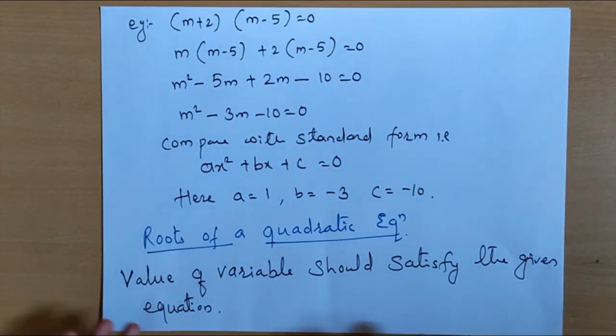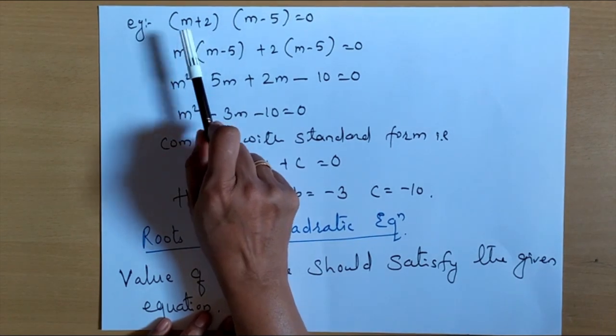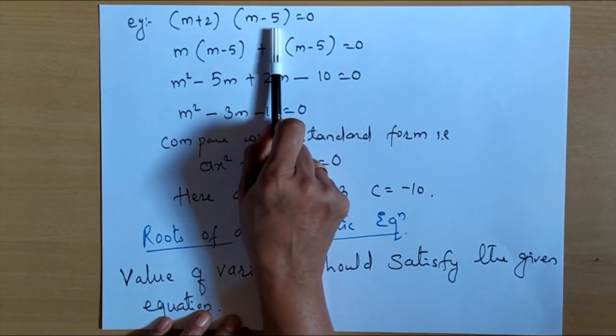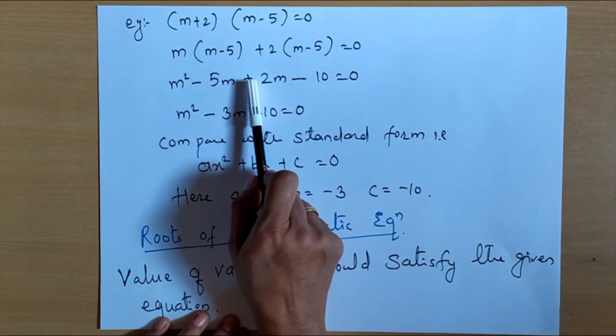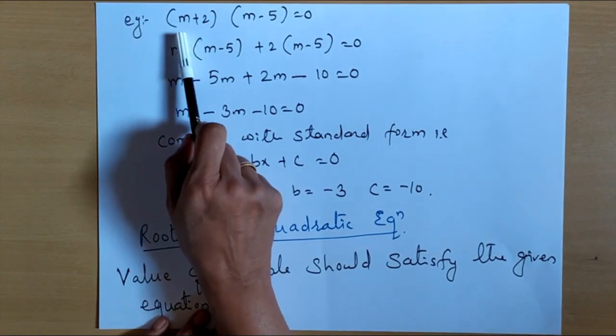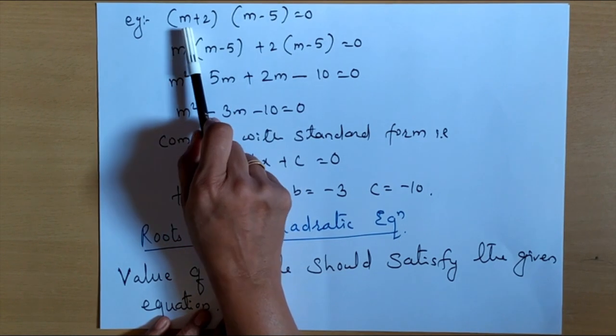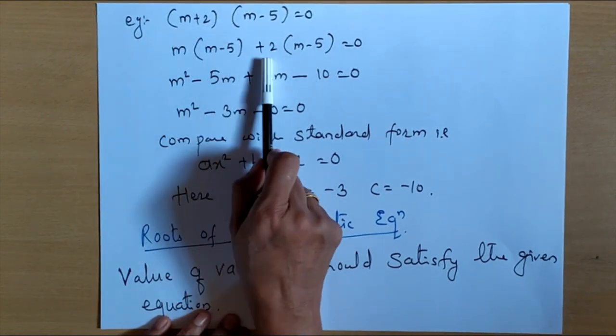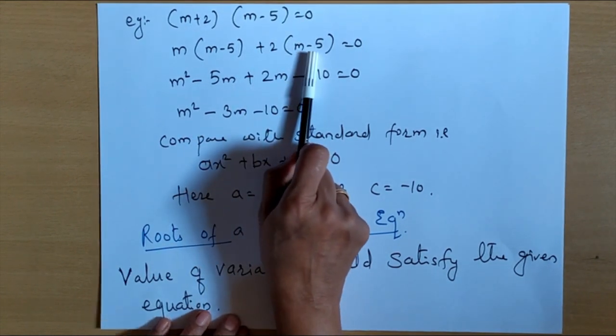If the given equation is in this form, (m plus 2)(m minus 5) equal to 0. Now this equation, first you have to convert into standard form, that is multiply term by term. Take m, multiply to the second bracket, then take plus 2, again multiply to the second bracket.